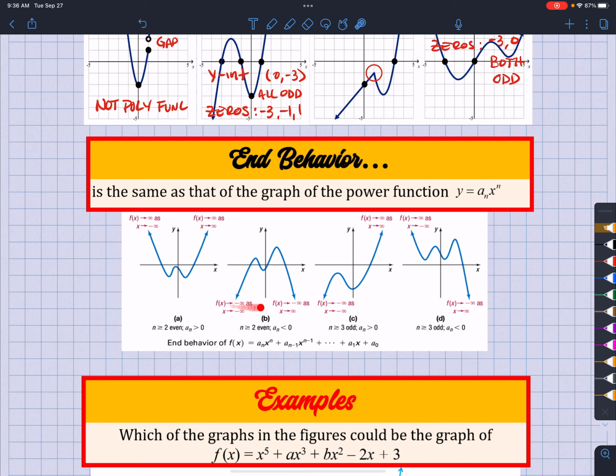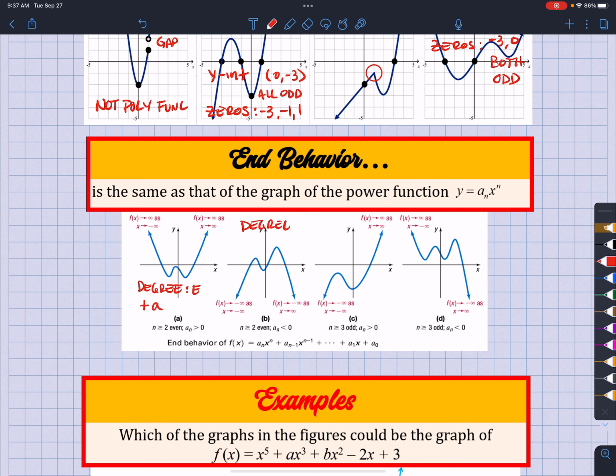Over here, because it's both pointing down, it's still going to be an even degree, but it's pointing down, so a is going to be negative. This is essentially what this is saying here, but let's go ahead and write it anyways. So degree even, a is positive.